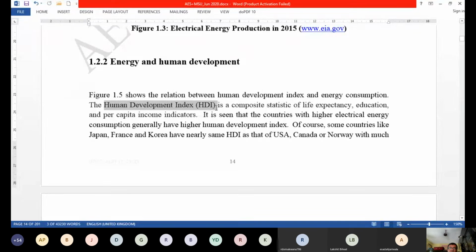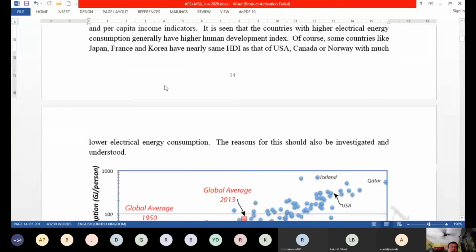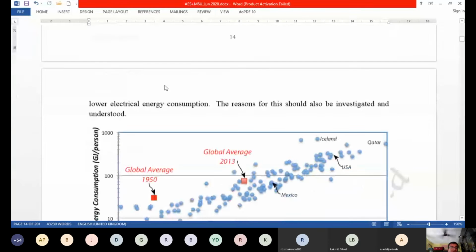It's a composite statistic of life expectancy, education, and per capita income. Right. If one thinks that HDI is representing the living standard in a better way, then one may check how is the HDI of different countries in the world.